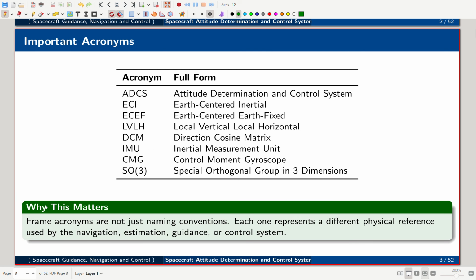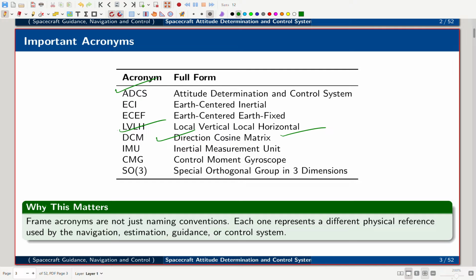Important acronyms: ADCS, attitude determination and control system, which we already know. ECI, Earth-centered inertial frame, and ECEF, Earth-centered Earth-fixed. LVLH, local vertical local horizontal. DCM, direction cosine matrix.